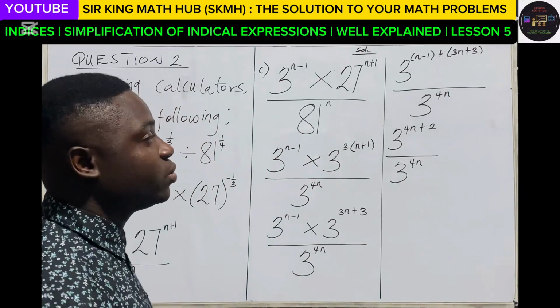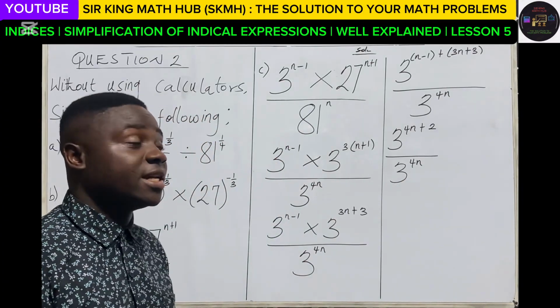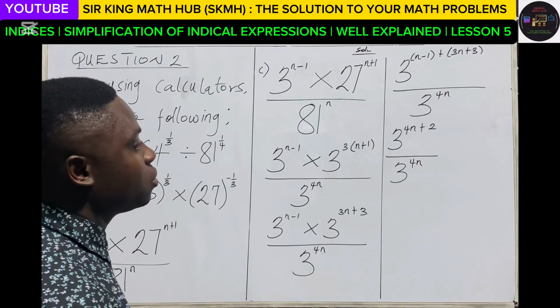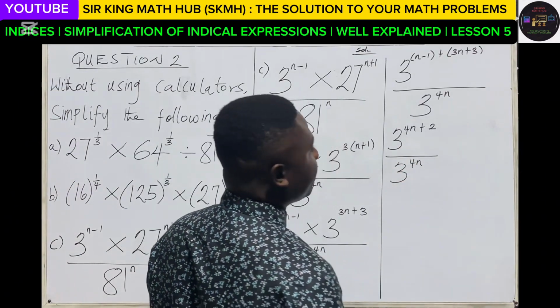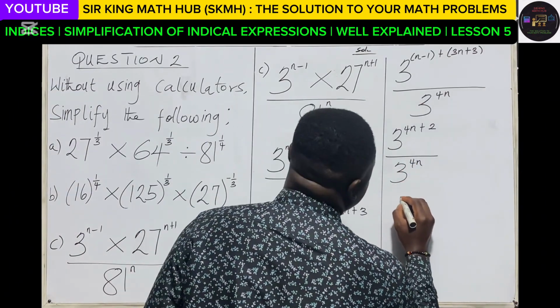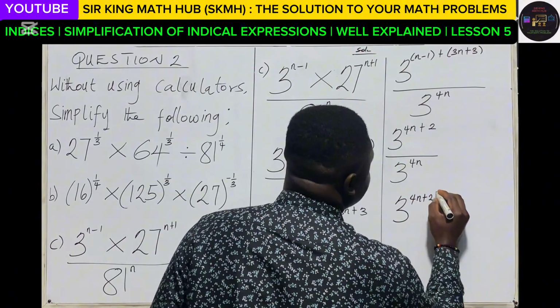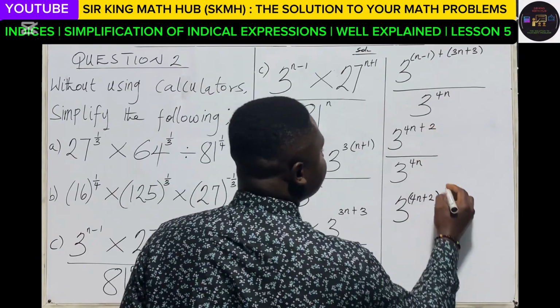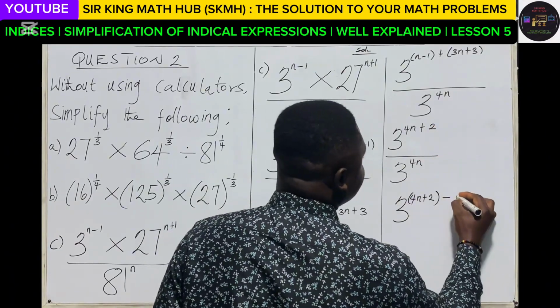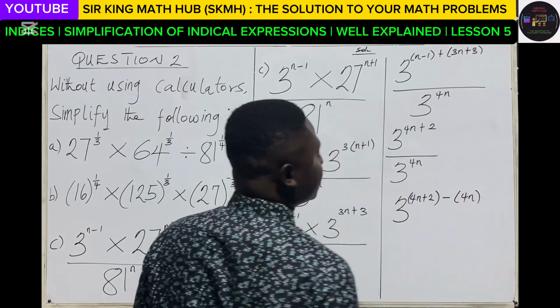At this point, we can write a single index by applying the second law. Because they are dividing and the bases are the same, we write one of the bases and we subtract the index. This is the first index minus the second index, which is 4n.